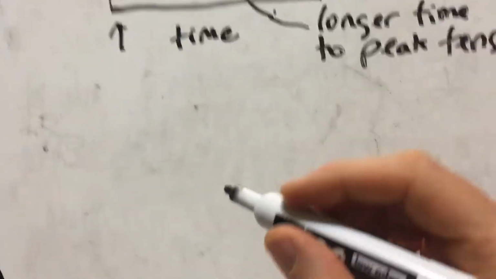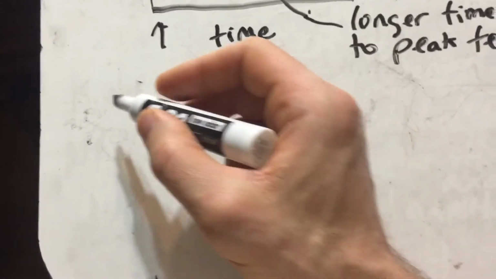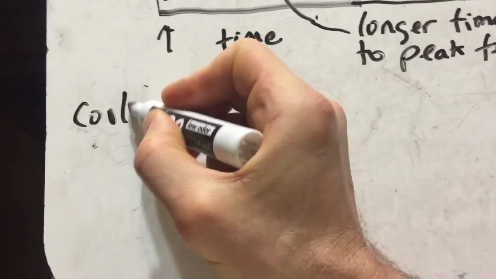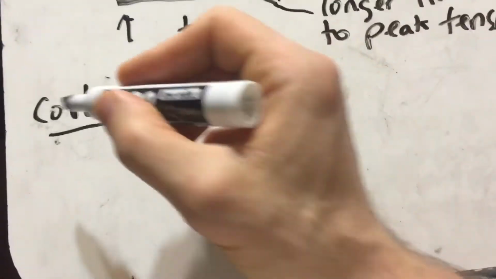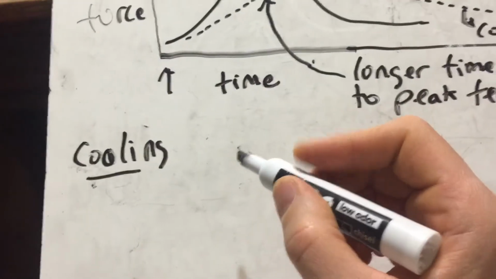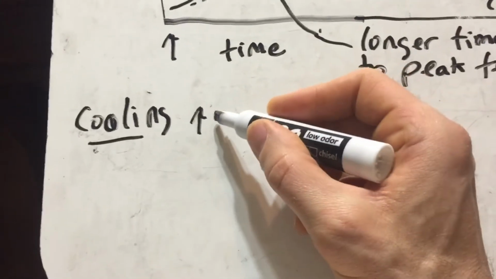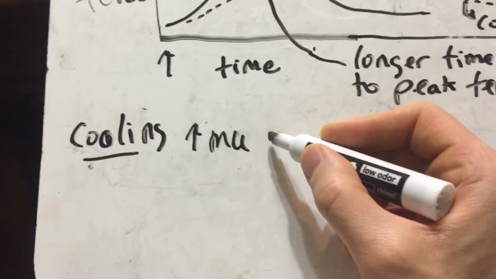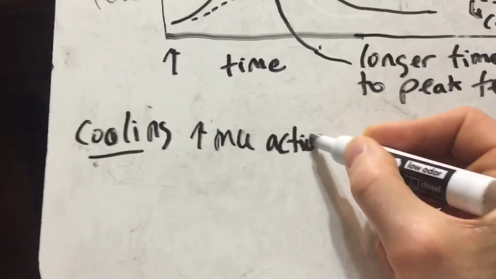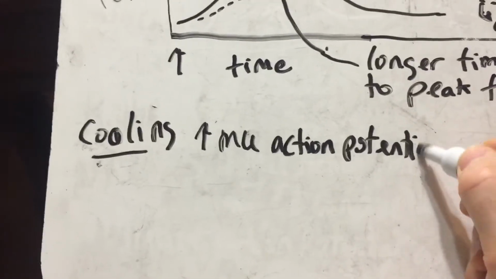So the papers also looked at changes in motor unit recruitment with cooling. So with cooling, these are the changes that they found. The first interesting change was that there was an increased motor unit action potential duration.